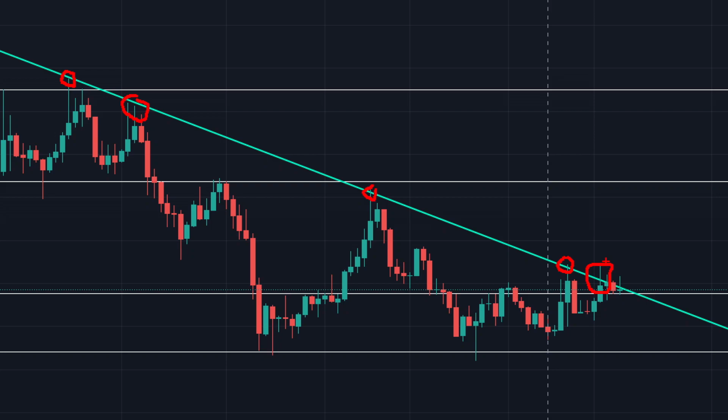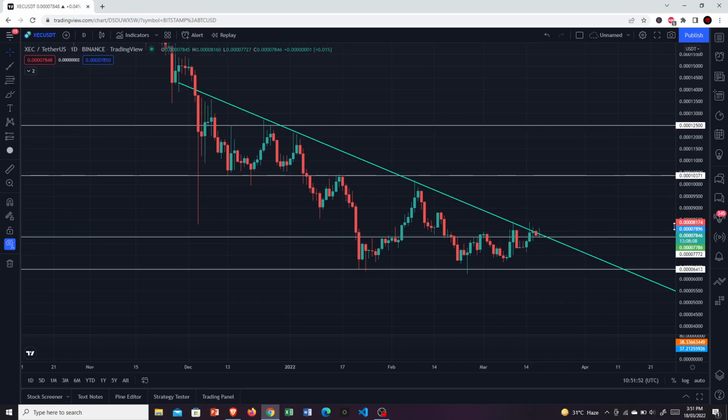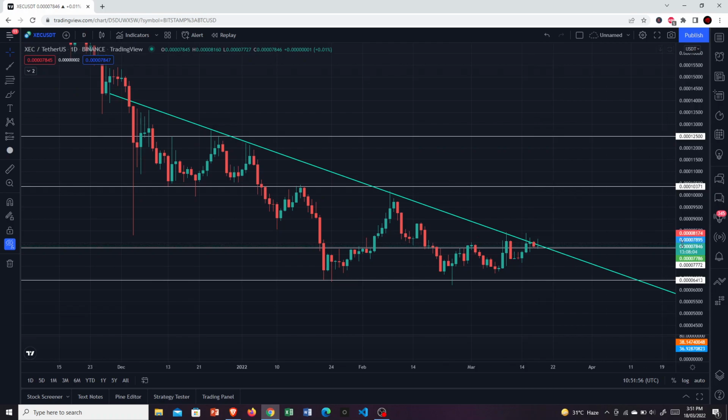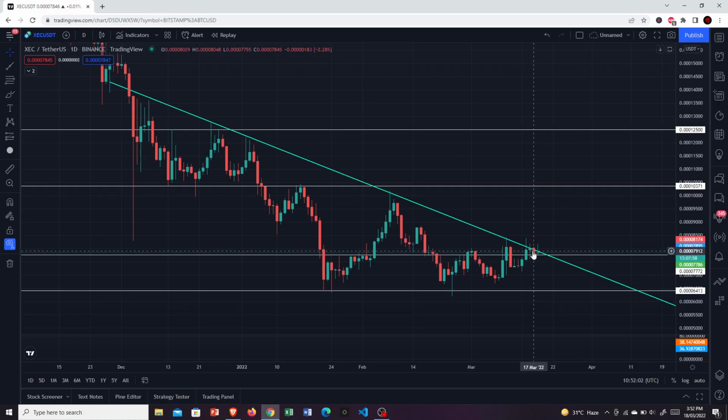Okay, so now XEC is at a very decisive point, because a break above this level can trigger XEC to have an explosive move towards the upside, and it's very important for XEC to break above this level and break above the downtrend also.